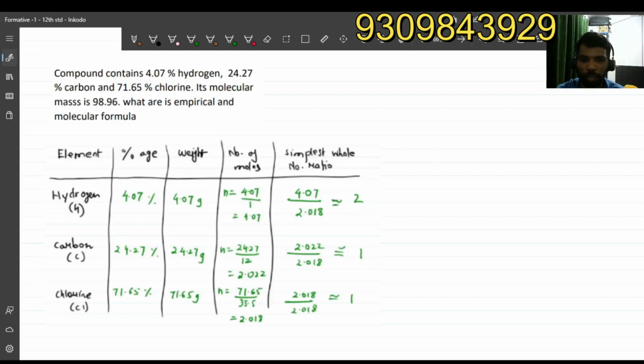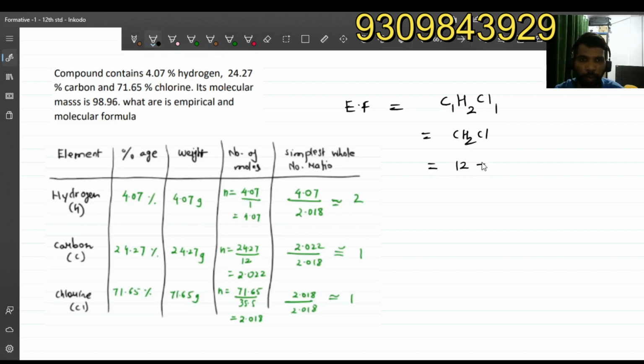So here, what are the ratios we are getting? We are getting the ratio of the hydrogen to be equal to 2. Carbon I am getting 1, and the chlorine I am getting is equal to 1, right? So CH2Cl is the empirical formula. What is the empirical formula mass?